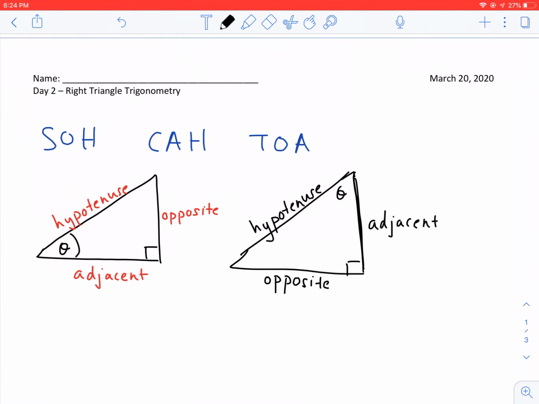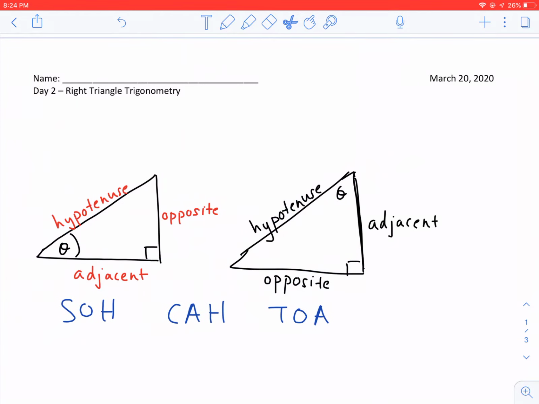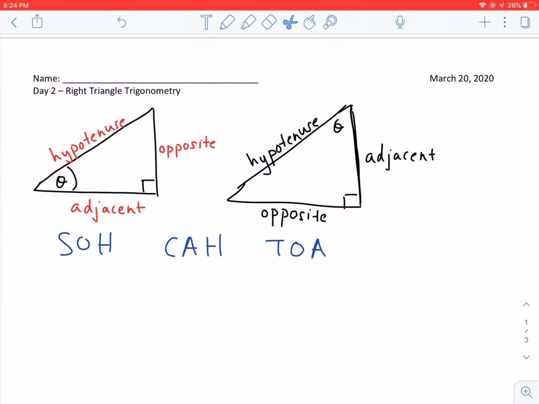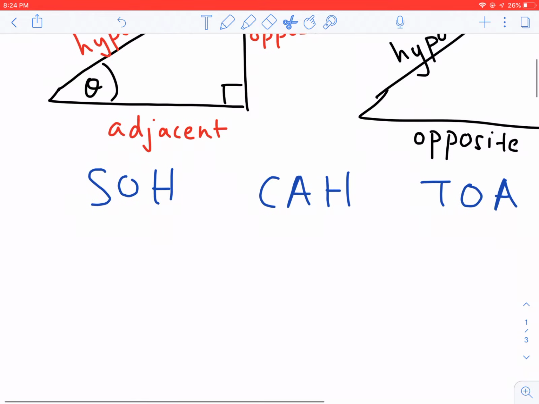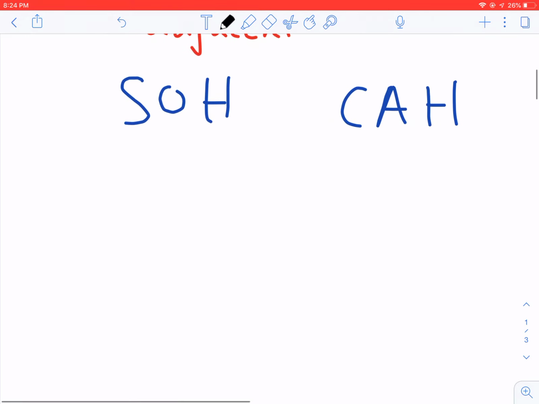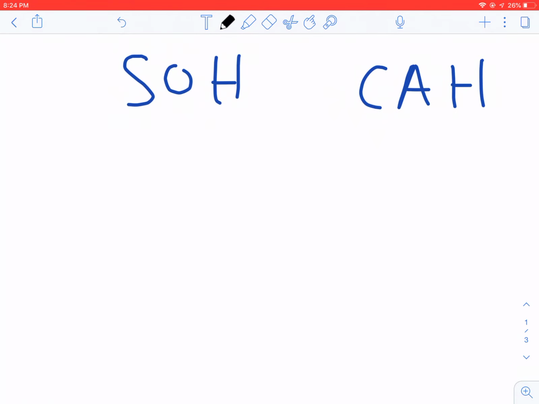Right, so back to SOHCAHTOA. This is a way to remember some trig definitions, and these definitions just have to do with the relationships between the angles and the side lengths in a right triangle. So the S stands for sine.